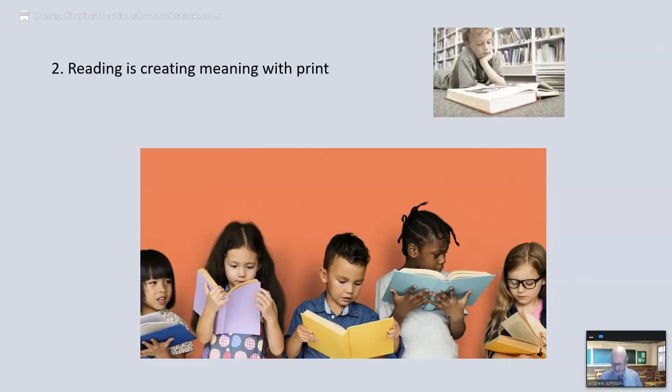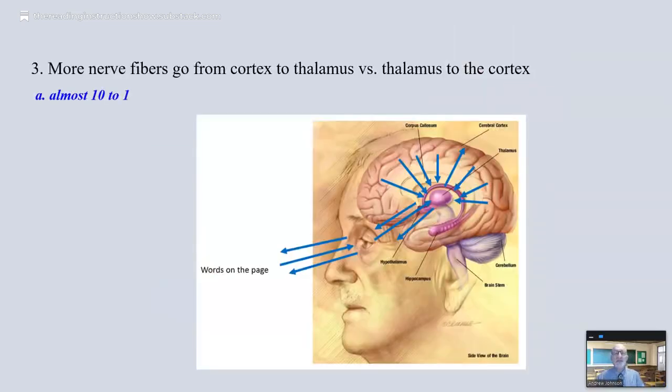Reading is creating meaning. Our brain naturally is a meaning-making organism. We naturally try to create meaning around us. Now, during the process of reading, more nerve fibers go from the cortex down to the thalamus than from the thalamus up. Almost 10 times more.